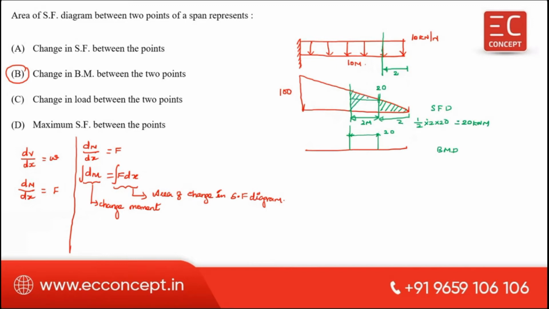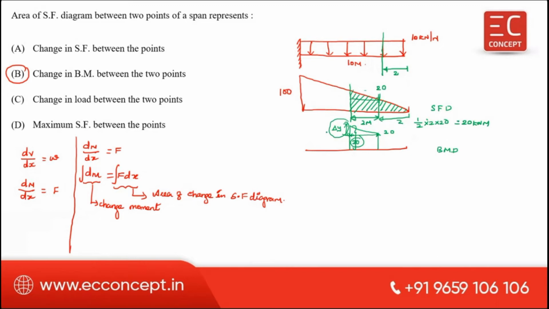You have to calculate this change in area, this delta x, this delta y. This is the area of this trapezium, and this 20 you already have comes here. Therefore 20 plus this change in area, you will get the total moment at this point.